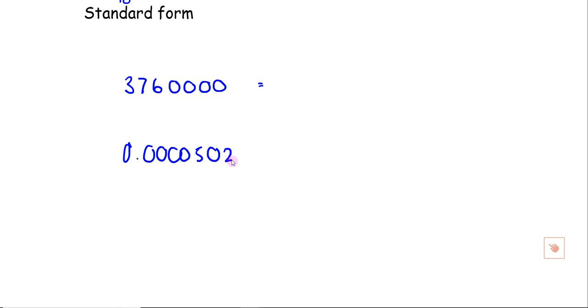So let's have a look then. So if I want to write this in standard form, you can tell me an answer. If I want to write this in standard form, or if I want to write this in standard form, so what would I do?